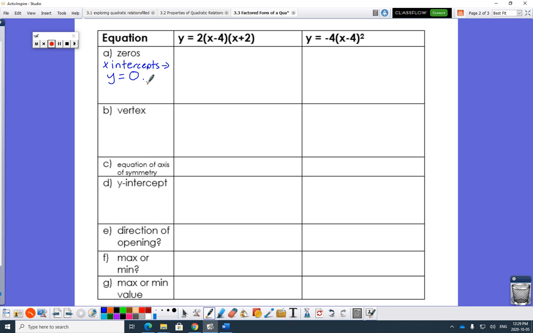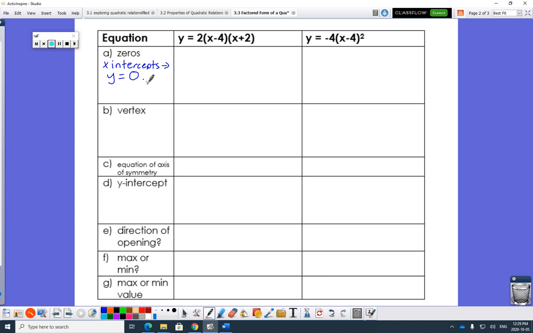So usually in factored form, we have two sets of brackets. So here, if this number turns out to be 0, that would make this 0, no matter what this is. If it's a million, a billion, a zillion, whatever. Same thing here. Whatever's inside these brackets, because it's multiplying, whatever x is, to make 0 will make the y value 0.